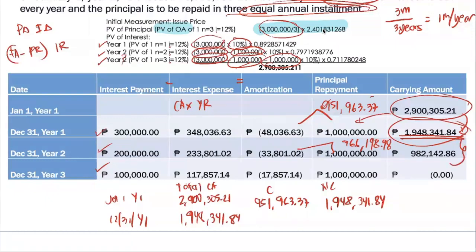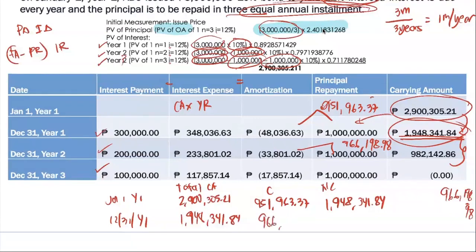So 1,948,341.84 less 982,142.86, we will still get 966,198.98. So the current therefore is 966,198.98 and the non-current is 982,142.86. On December 31, year 2, what is the total carrying amount?